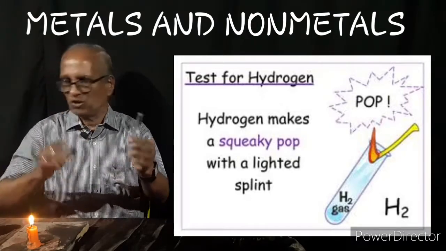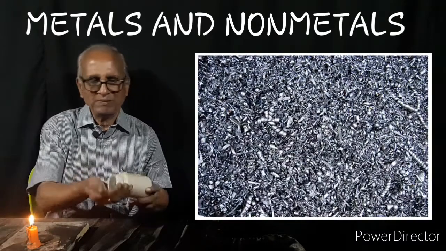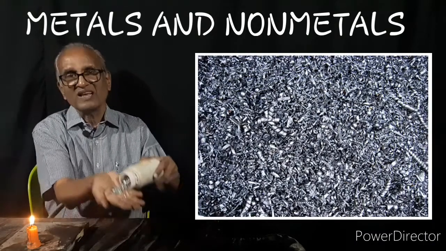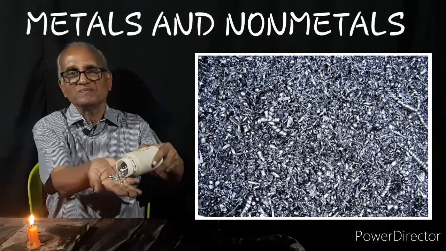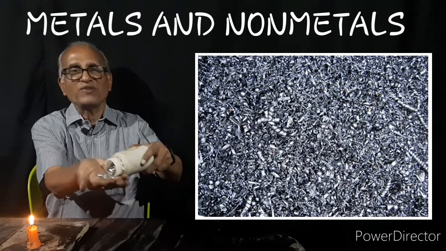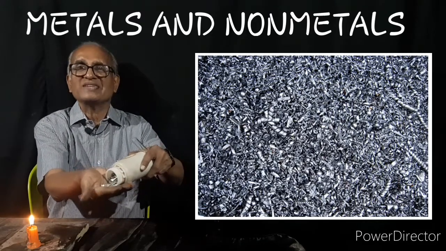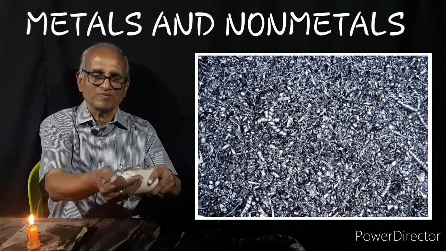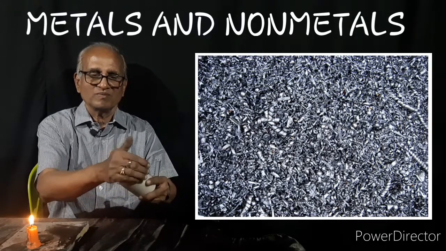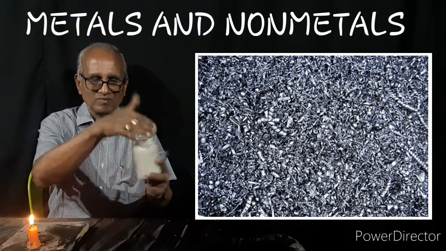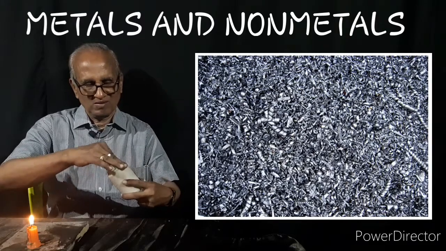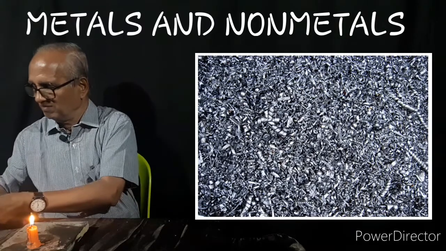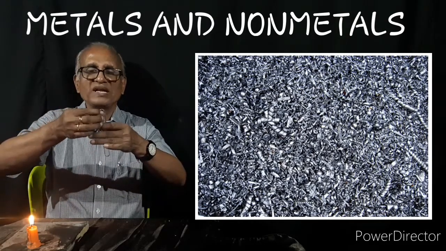I have taken the test tube here. I have aluminum turnings here. Have a look at the aluminum turnings. Pieces of aluminum, that's all. We call them turnings. I'll take a few turnings here.